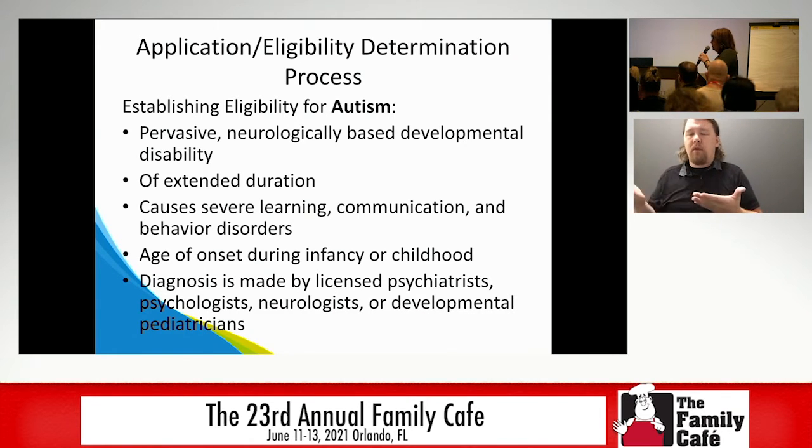And like I mentioned before, I'll be happy to provide you with more detailed information and where you can go to find out more. And if you have any specific questions about having been denied or something of that nature, I'll be happy to discuss it with you after the presentation, if that's okay.